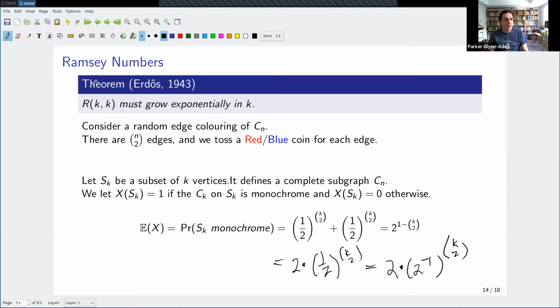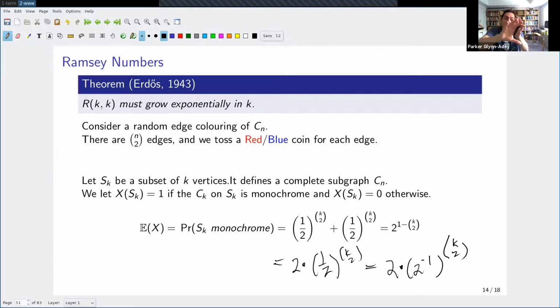Right, so we get something like this. We can rewrite this as 2 to the 1 minus k choose 2. So that's the expectation that a single part of this thing is monochrome.